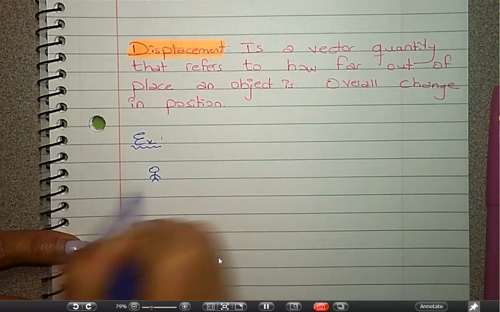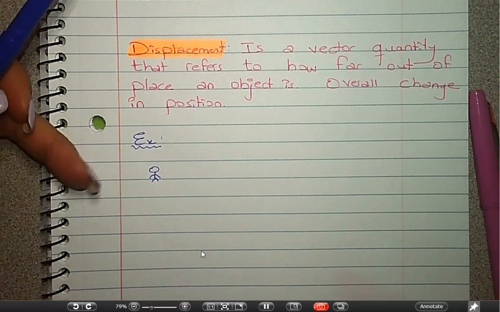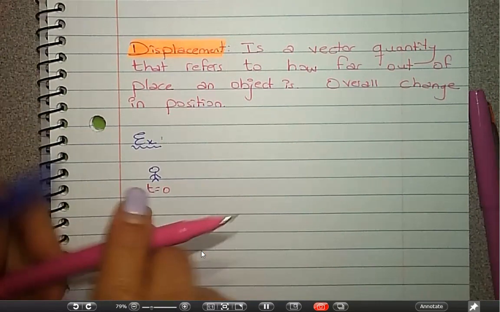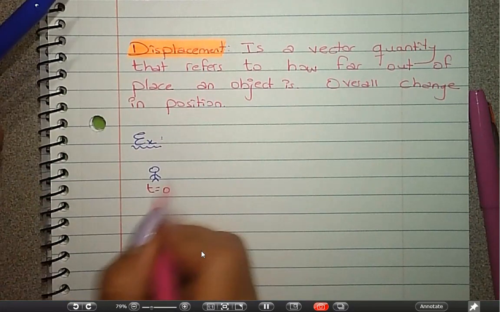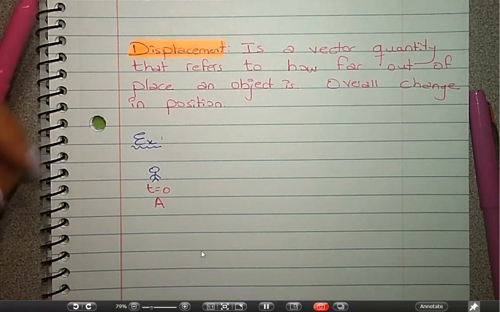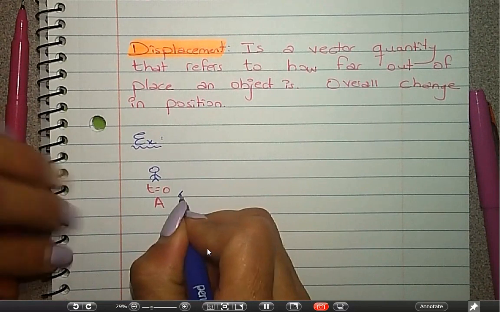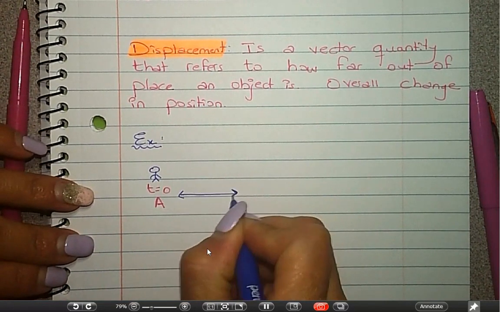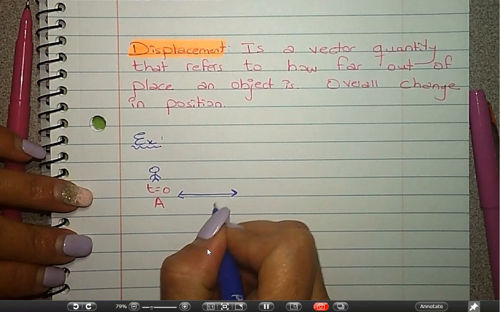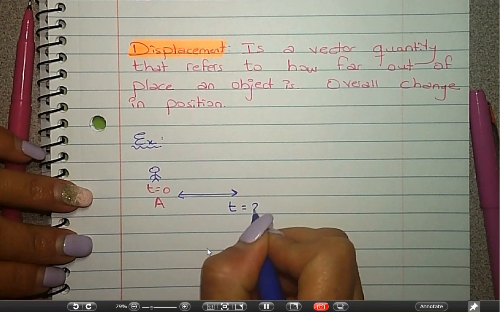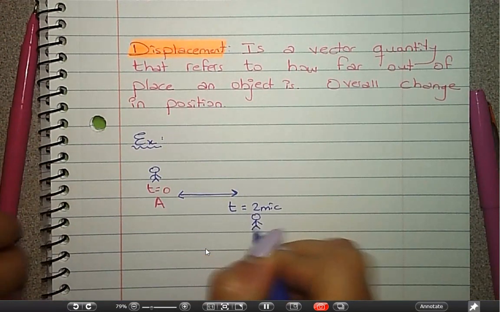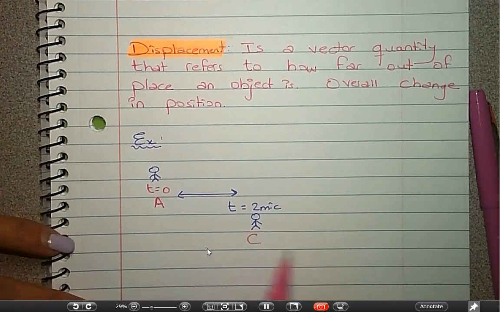This guy here, when the time was 0, was in position A, and then when the time was 2 minutes, that was the guy's position C.